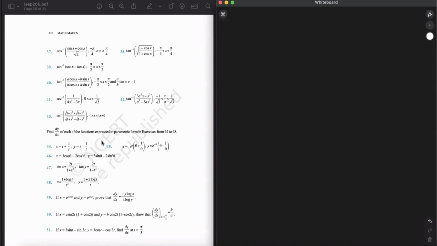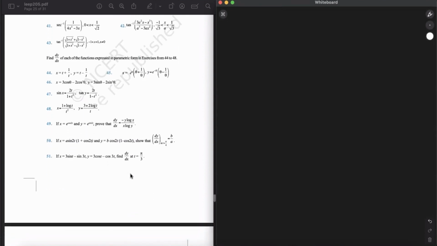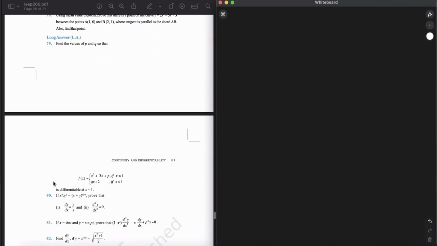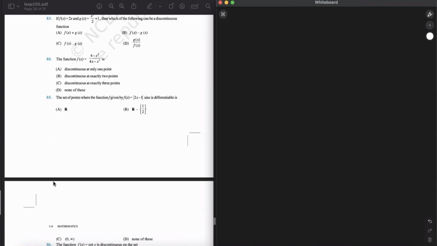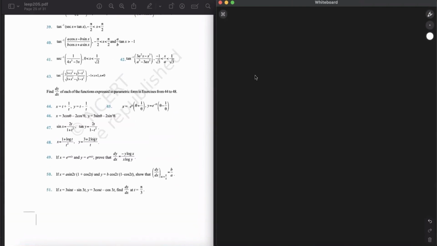Find dy by dx of each of the functions expressed in the parametric form, from 44 to 48. Okay, still we have many questions left. So x is equal to t plus 1 upon t and y is equal to t minus 1 upon t.